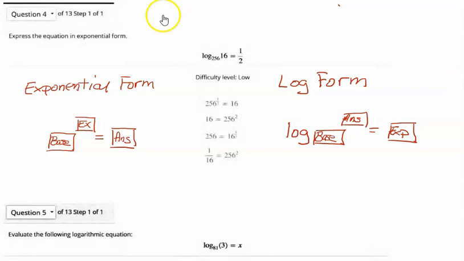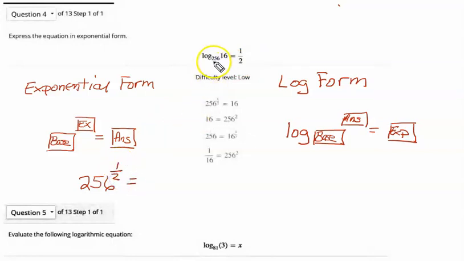In example 4 now, we're asked to go from logarithmic form to exponential form. So what is our base here? 256. What is our exponent? 1/2.